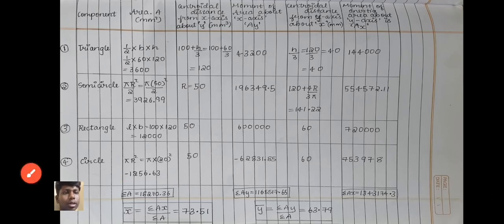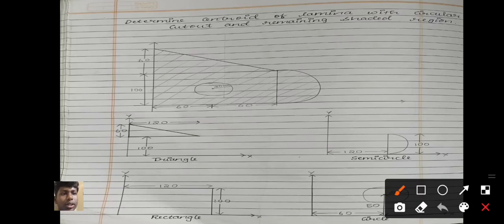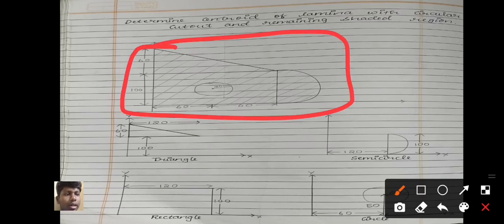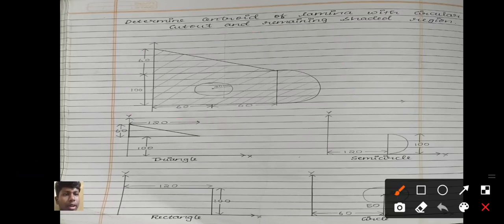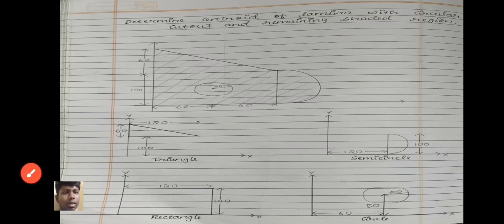It's because in this diagram we are adding these three values and separating this circle to get the centroidal distance for the shaded region. So for that we have to add this triangle, rectangle and the semicircle, and they should be separated with the circle, right?